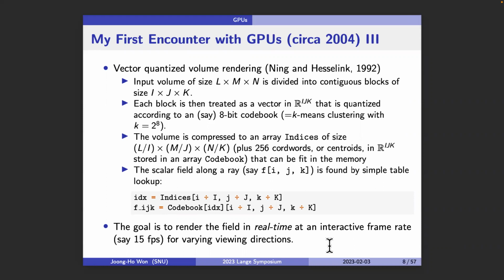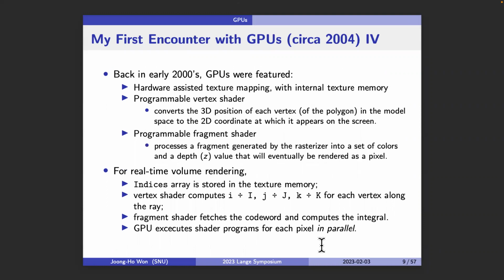And the goal was to render the scalar field in real time at an interactive frame rate, say 15 frames per second. And back in the early 2000s, or 21st century, GPUs were basically about these 3 tasks. It has a hardware-assisted texture mapping, and it has an internal texture memory.